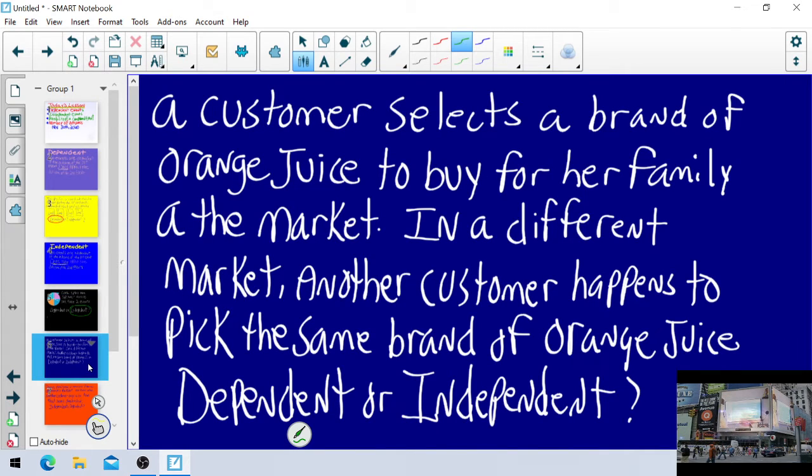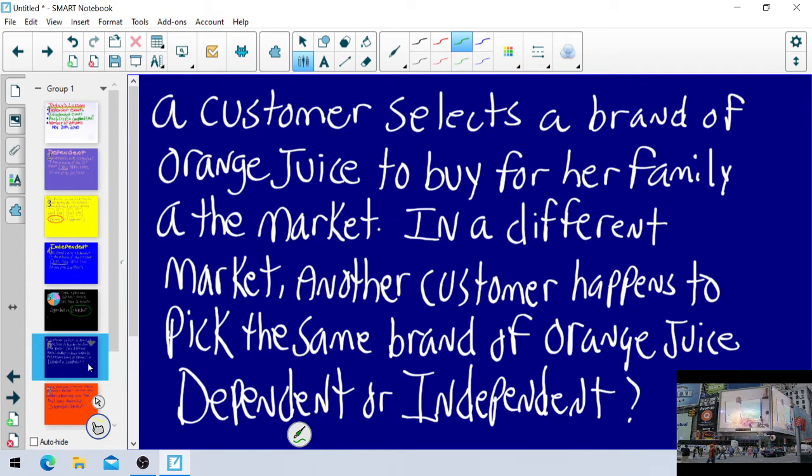A customer selects a brand of orange juice to buy for her family at the market. In a different market, another customer happens to pick the same brand of orange juice. Is that dependent or independent? You know it's easy. She didn't have anybody to depend on when she's picking that in that market.